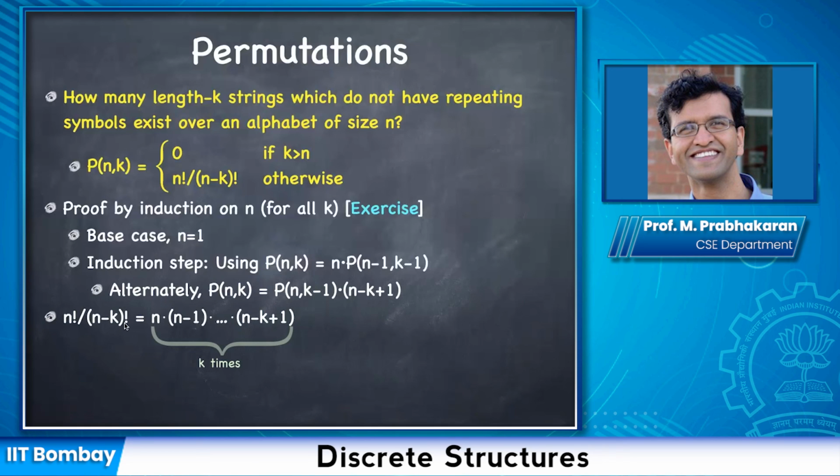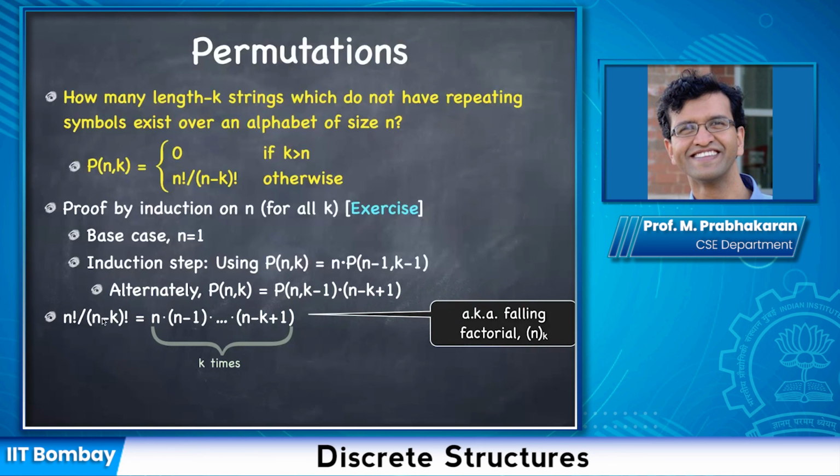If you didn't notice, this n factorial divided by (n minus k) factorial is bound to be an integer. It's simply n times n minus 1 all the way down, you just take k such factors. So n times n minus 1 all the way to n minus k plus 1.